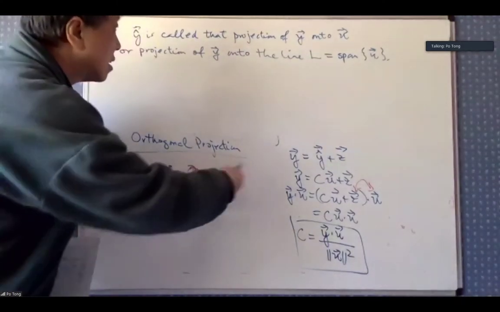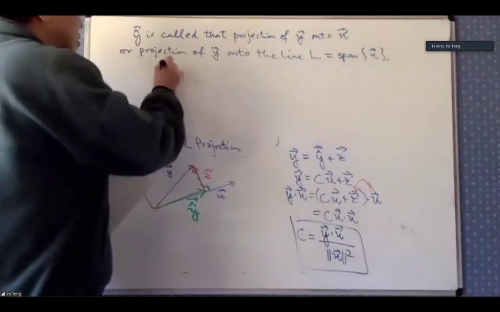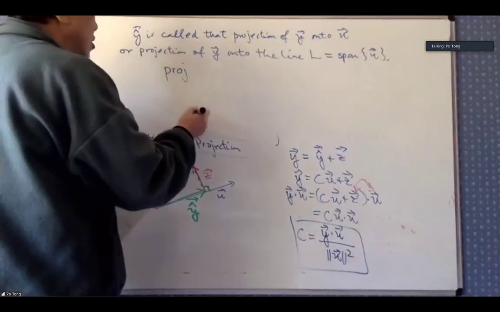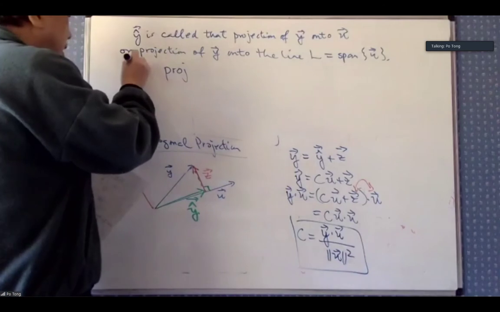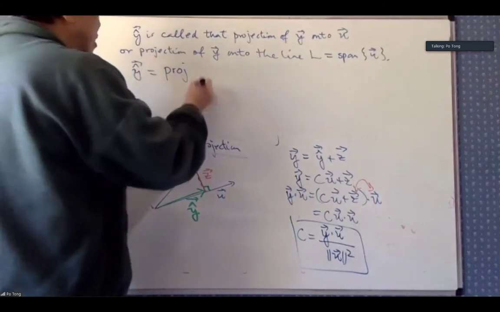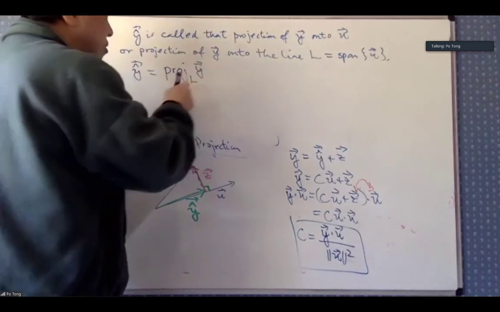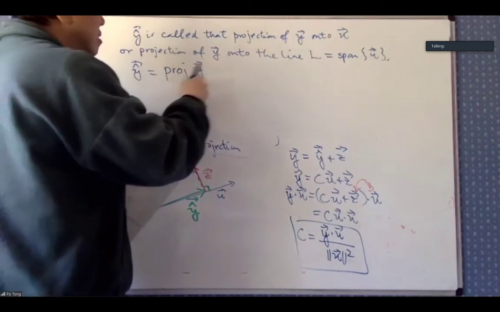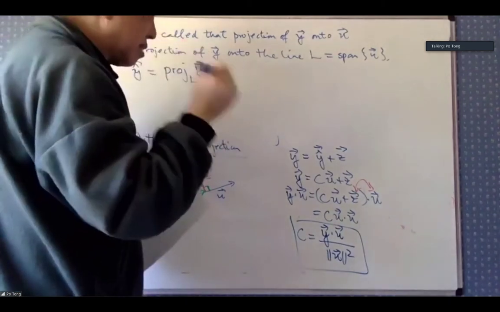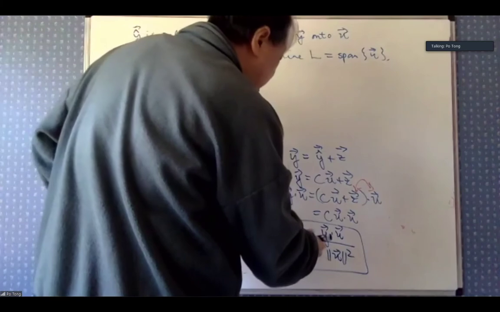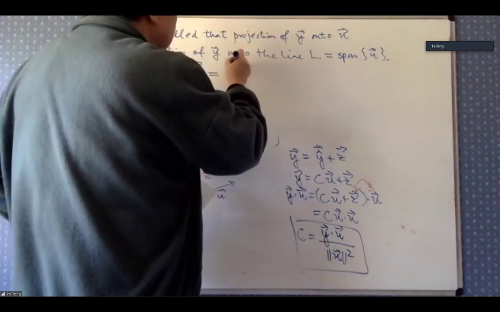It's essentially the same thing. So this is written like this. Y hat is the projection of y onto the line L. And the equation of this is this C. This is my C.